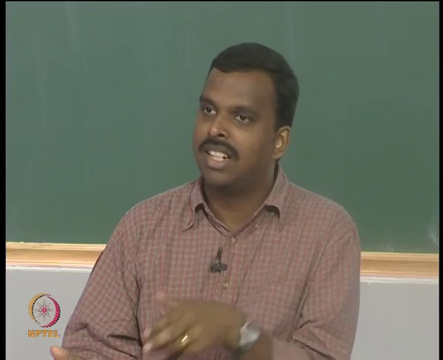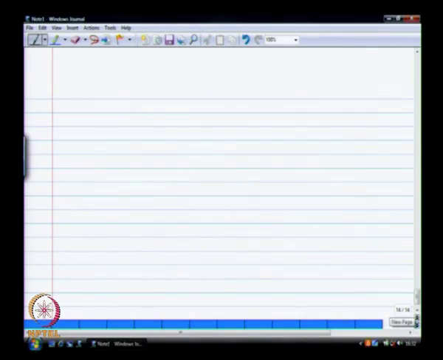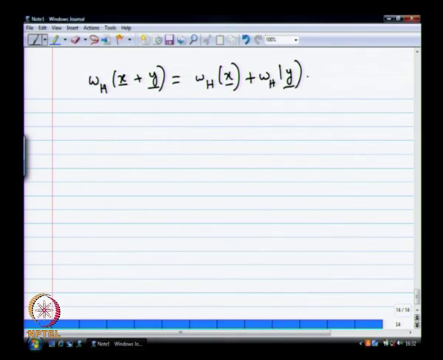Okay, so that's an interesting relationship which you can independently check for Hamming distance. Okay, so you can show this interesting relationship. The Hamming weight of x plus y, you can show, will be equal to Hamming weight of x plus Hamming weight of y minus 2 times Hamming weight of x star y.